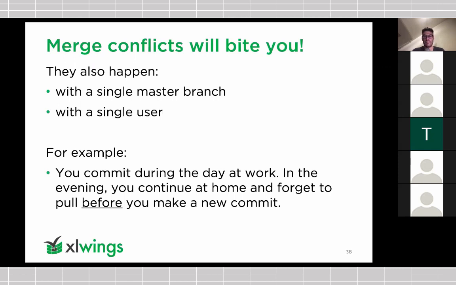And an example I have is at the bottom. If you work on a repository at work, and then you come home in the evening, and before you forget to issue a pull command, you start working locally, and then you want to commit and push, that will also give you a merge conflict.